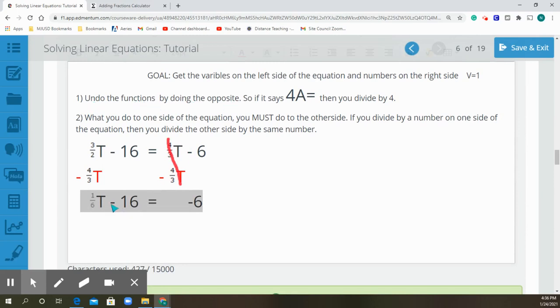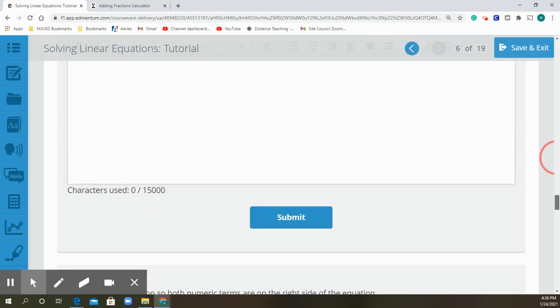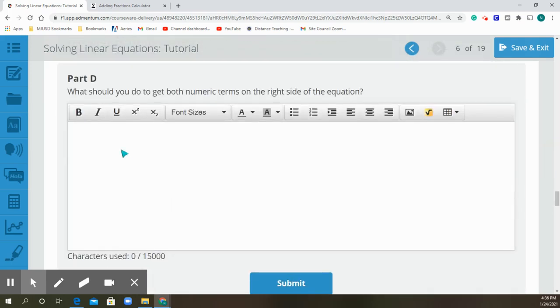So if it's minus 16 over here, we want to get the numbers on this side. So we have to undo minus 16. How do we undo minus 16? We add 16.